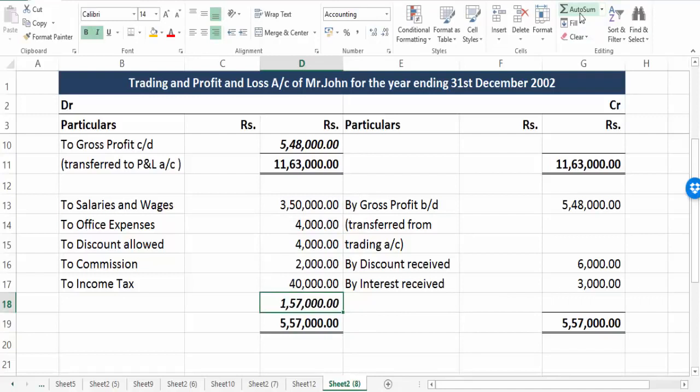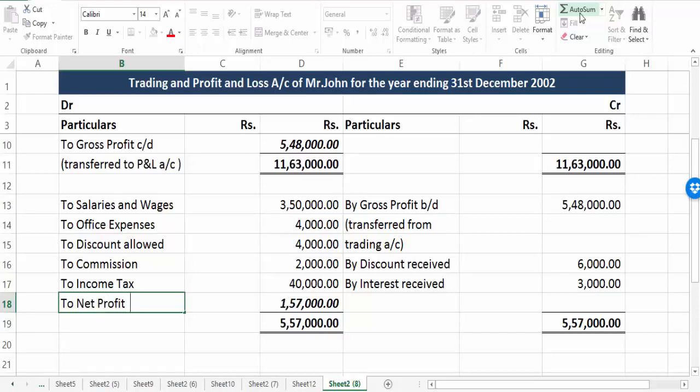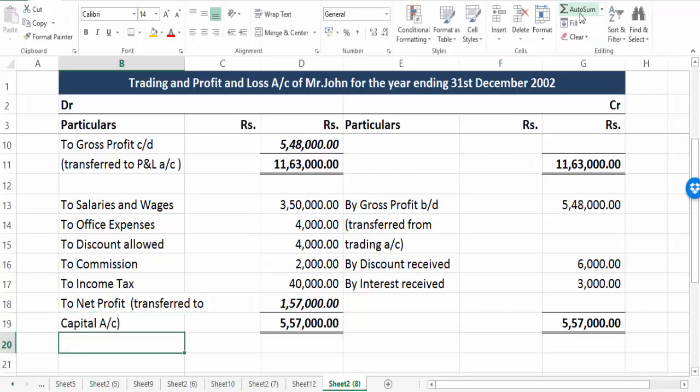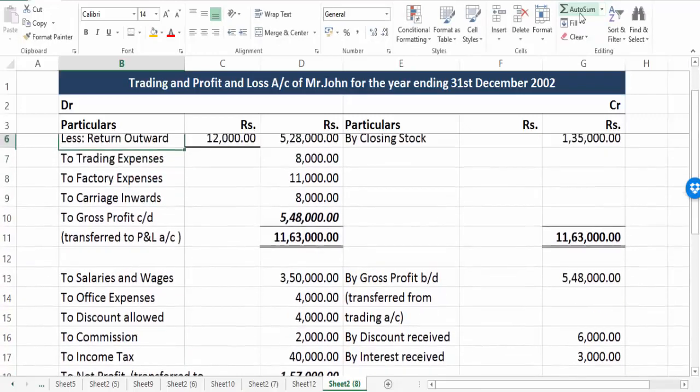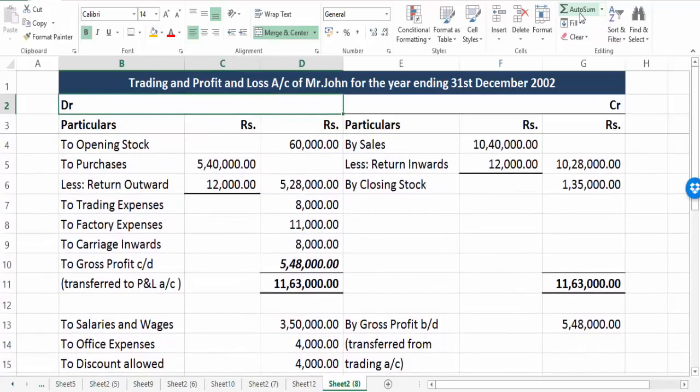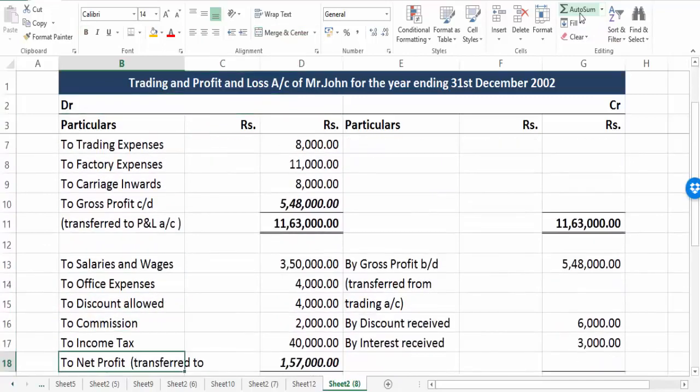This 1,57,000 is nothing but net profit. So this net profit will be transferred to capital account. In this way we have prepared the trading and profit and loss account of Mr. John for the year ending 31st December 2002.